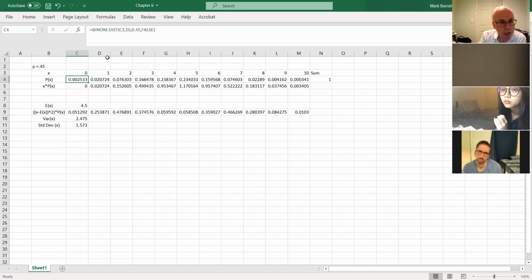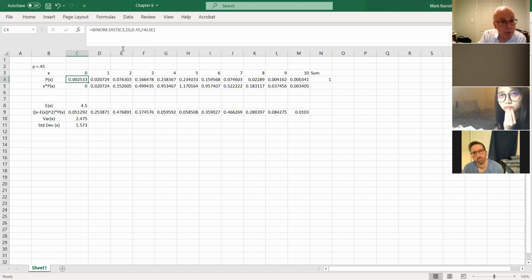So if you look here, there's a special function in Excel for a binomial. It's called BINOM.DIST, for distribution. You can actually just type in BINOM and then it'll show up as one of your choices. Now, what do they have inside of here?